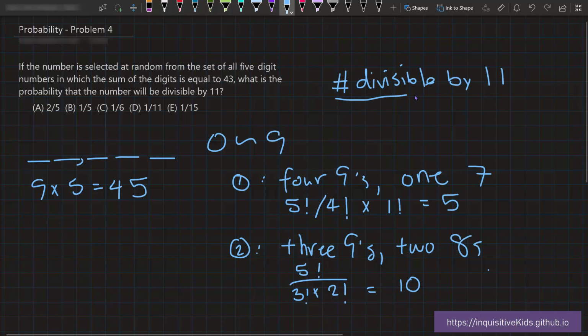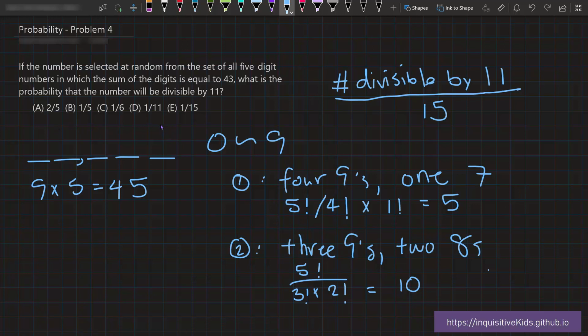Now the only thing we have to do is find how many numbers are divisible by 11. Well, we have to think about the divisibility rule of 11. The divisibility rule states that in a number, if you take the sum of all the odd places and even places, so basically the alternating digits, and take their individual sums, and then subtract these two values, and if that number is divisible by 11, then you get a number that is divisible by 11.